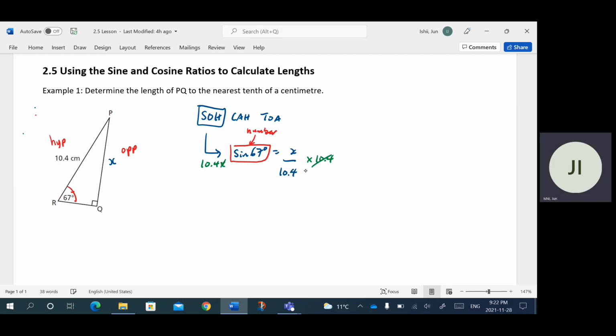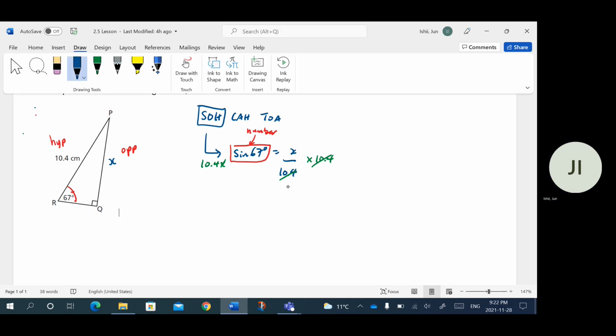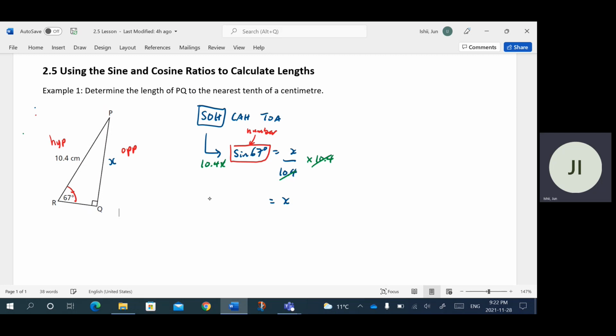The reason for that is so that this will cancel off with this side. And therefore, x is going to equal 10.4 times the sine of 67 degrees.